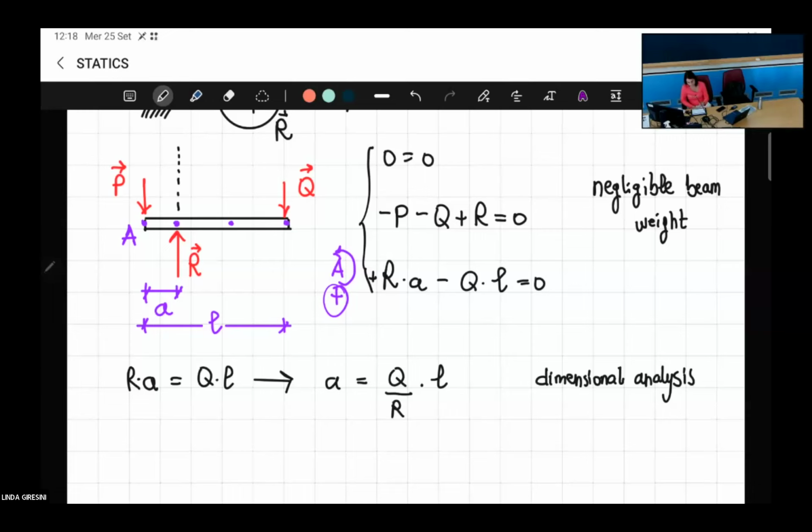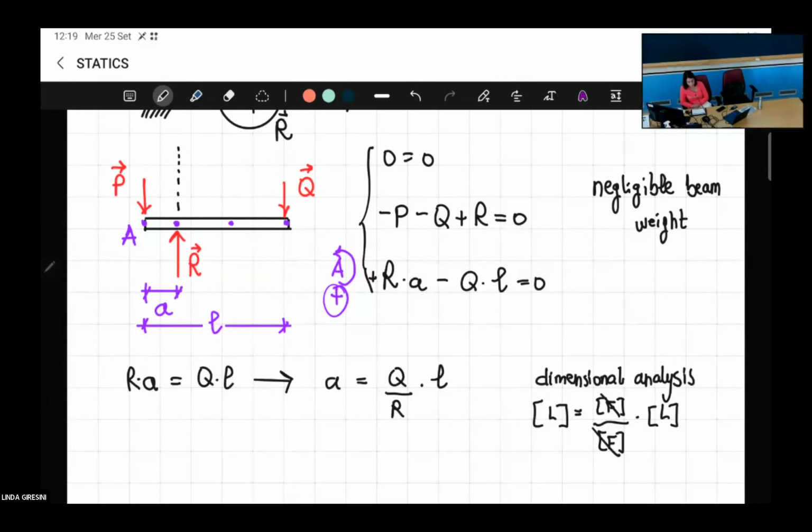For example, A is a length, equal to Q, which is a force, divided by R, which is a force as well, and L is a length. So it's satisfied because F and F go away and the two lengths remain. So you always have to be sure that it is correct.